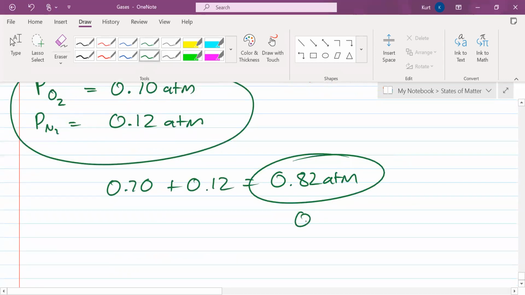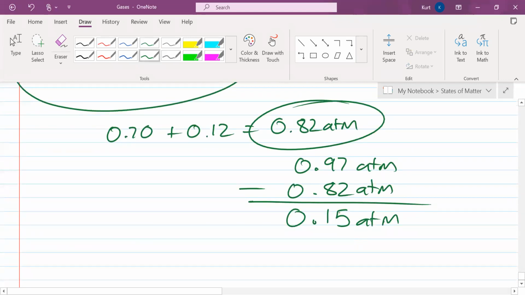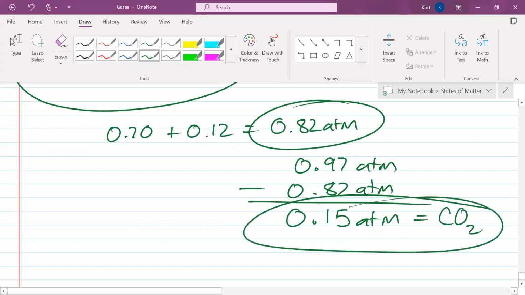Subtract that from the total. 0.97 atmosphere minus 0.82 atmosphere is going to equal 0.15 atmosphere. That is going to be CO2. That's it, addition and subtraction.